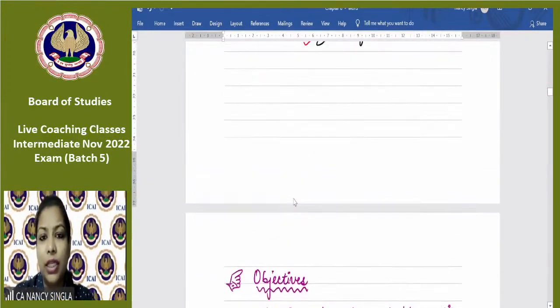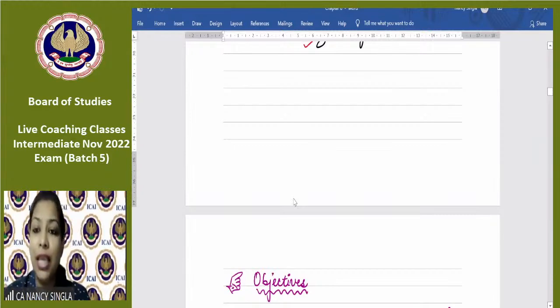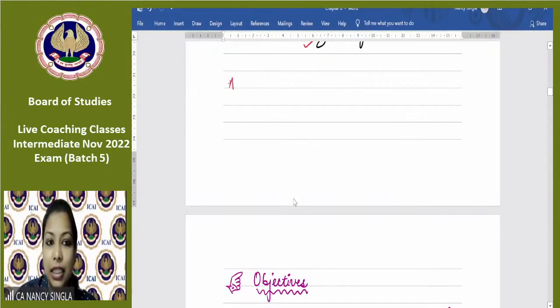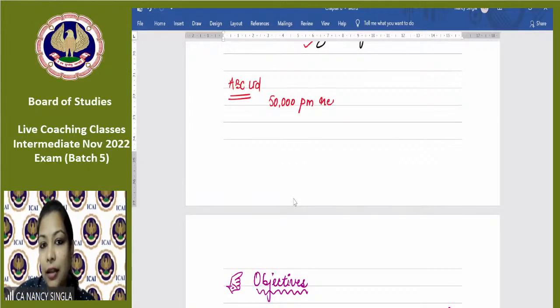Now, let us try to understand one concept. Let's say we are conducting the audit of ABC Limited, and the company has paid 50,000 per month as rent for a premises which it has taken on rent. One way of checking these rent payments is that the auditor might pick up all the rent payment vouchers and go through all of them, and the rent agreement and the bank statements.